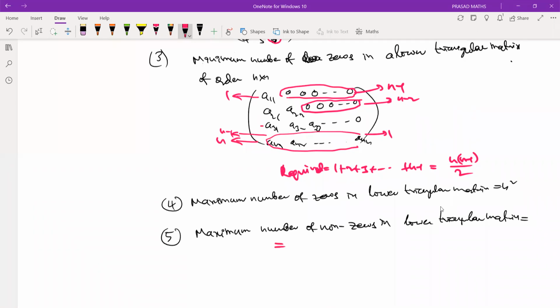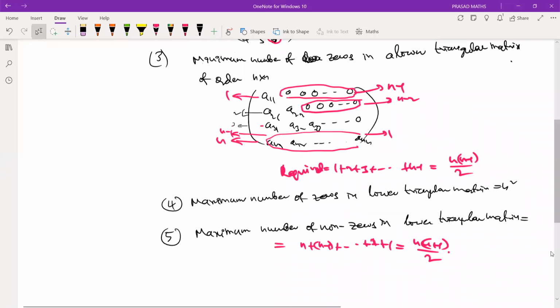So the total non-zero entries could be n plus n minus 1, going on, plus 2 plus 1, that is n into n plus 1 by 2. Is it clear? The entry a11 cannot be 0. So this row has 1, this has 2 entries, this has 3 entries, going on to n entries. The total sum is n into n plus 1 by 2.